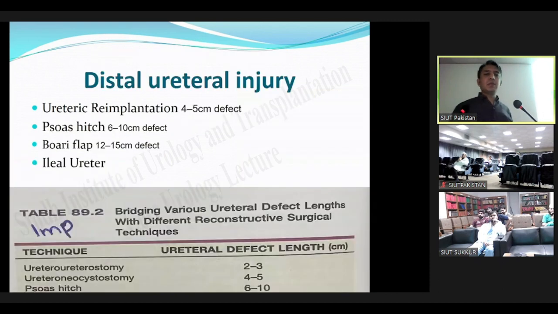For distal ureteral injury, when there is a loss of 4 to 5 centimeter defect, we can do ureteric reimplant.